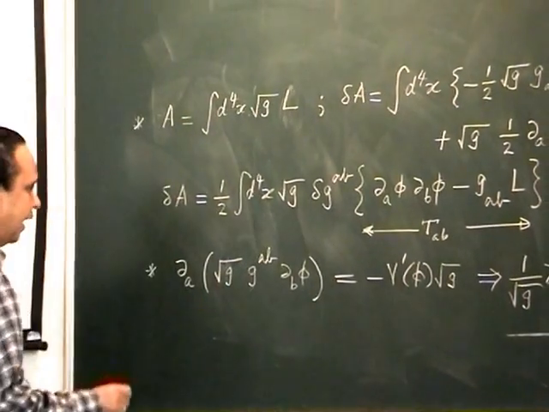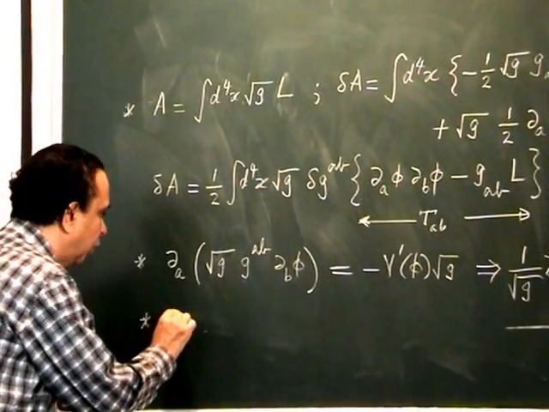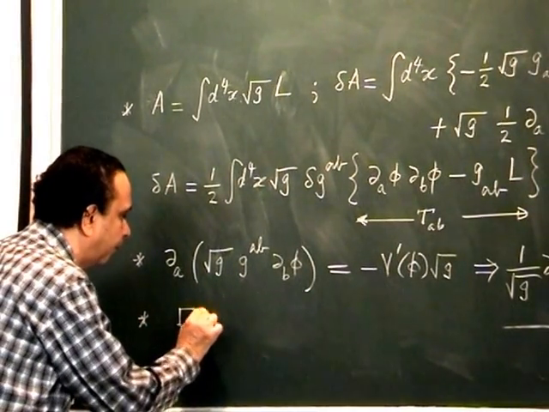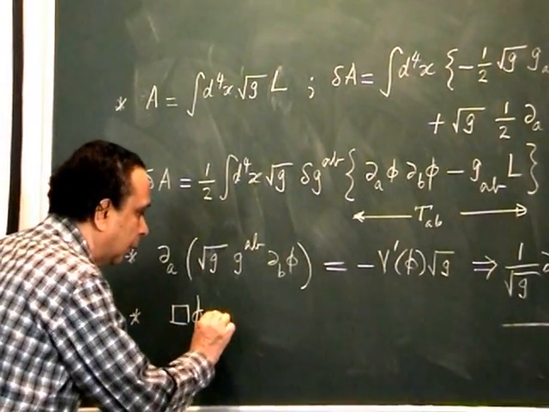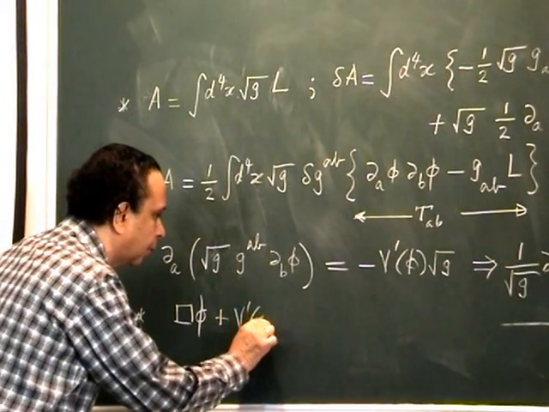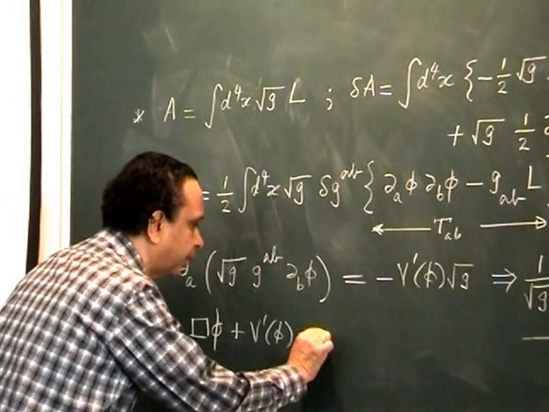And if you are looking at it in the ordinary spacetime, we have got box of phi plus V prime of phi equals 0, which is your field equation.